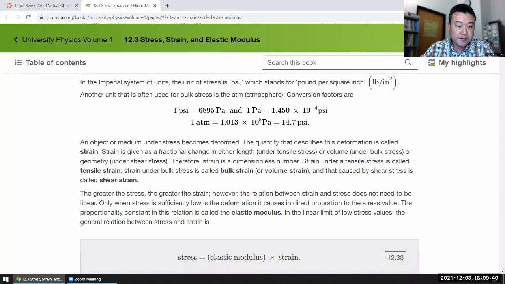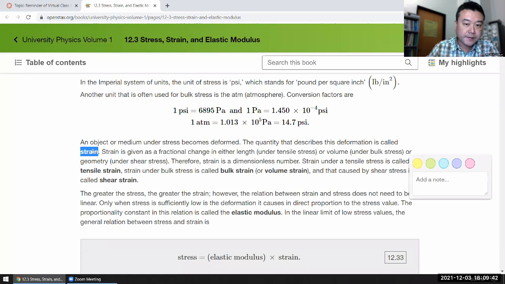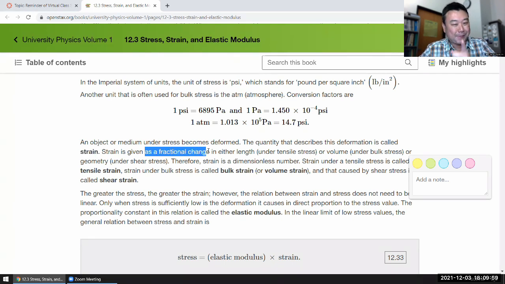And strain, which is the second quantity that's necessary to describe Young's modulus, is the amount of deformation. I think it's defined as change in length per actual length, so like a fractional change in length. Fractional change in either length or volume.